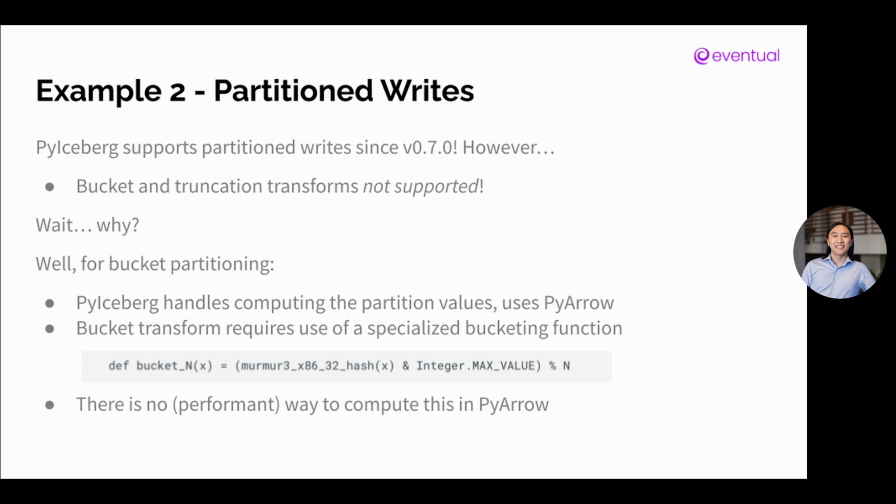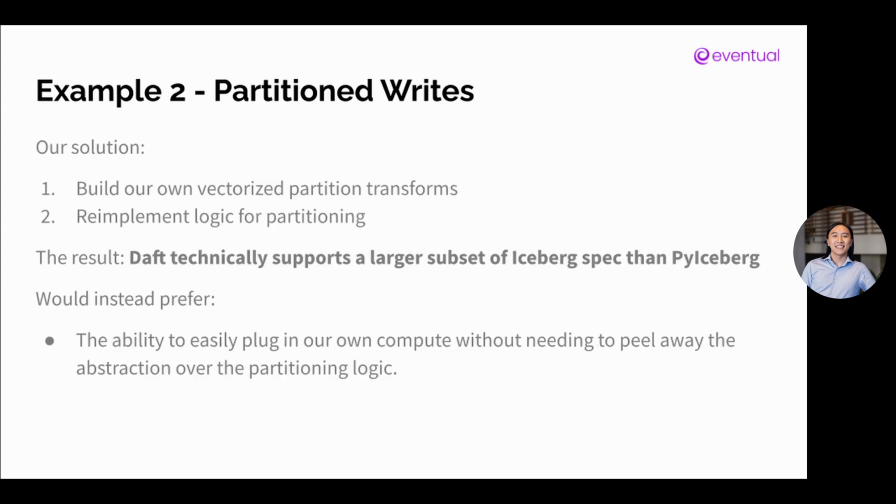And that is just not implemented in PyArrow, so there is no performant way to actually do this in PyIceberg, so they chose not to implement it. So our solution to that, to bring this functionality to Daft, is to build our own vectorized partition transforms, including bucketing and truncation. But we had to re-implement a lot of the logic for partitioning to be able to insert that into our Iceberg writes.